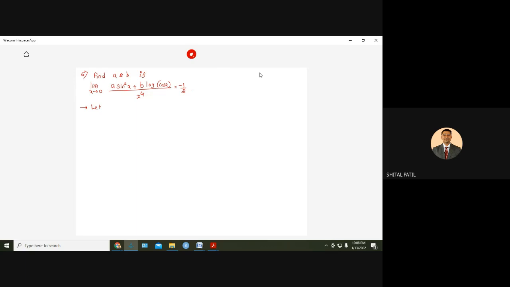Let L equal the limit as x tends to 0 of the expression, so L equals minus half. Whenever required, we'll use the value of L. At this moment, it is not required, so we'll proceed as it is.